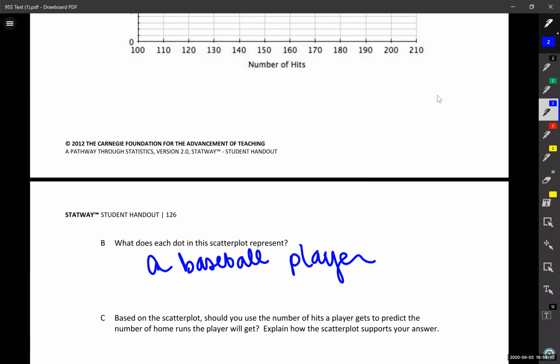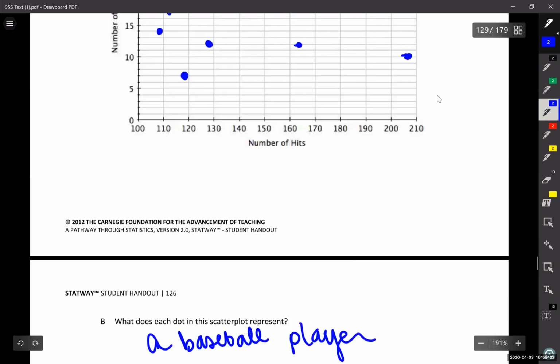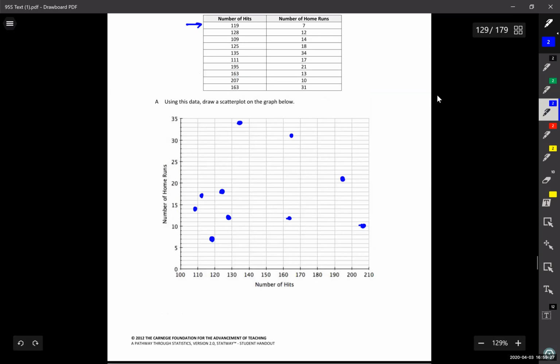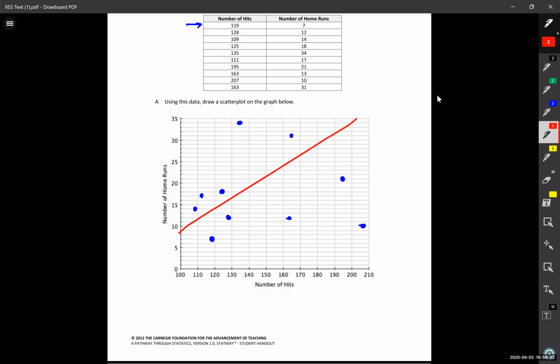Based on the scatter plot, should you use the number of hits a player gets to predict the number of home runs a player will get? Explain how the scatter plot supports the answer. In other words, good or bad, up or down, is there a clear pattern? What I like to do is draw a line. I don't know, because these guys are pretty far away from that line, so I don't know that that is necessarily clearly up.